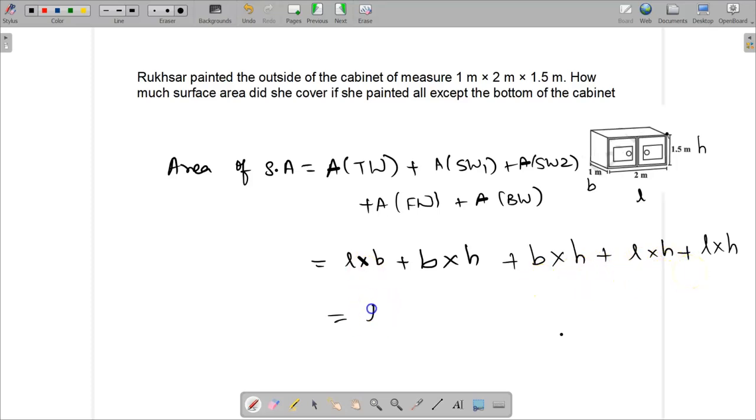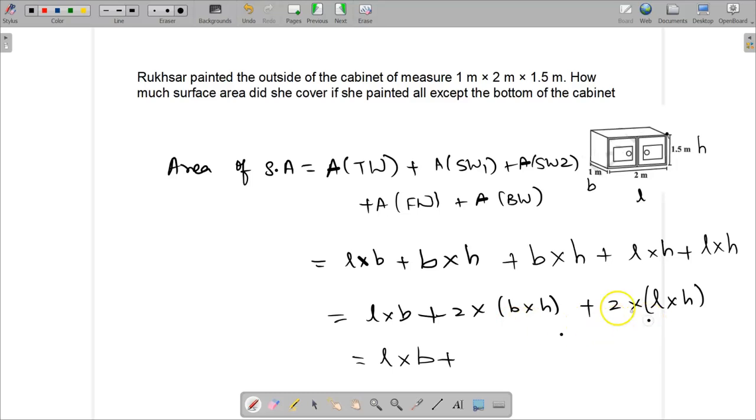So the first term, length into breadth, we can write as it is. And these two terms, since they repeat 2 times, we can write as 2 into breadth into height. Similarly, these 2 terms repeat 2 times, so we can write 2 into length into height. And again we can simplify this as length into breadth plus, commonly, which terms are common? 2 and h.